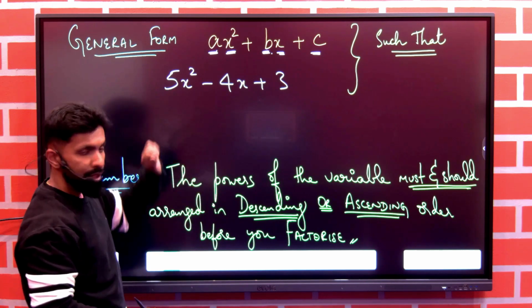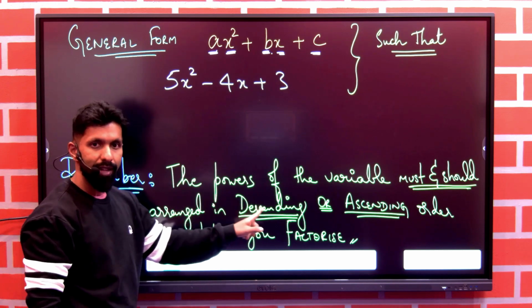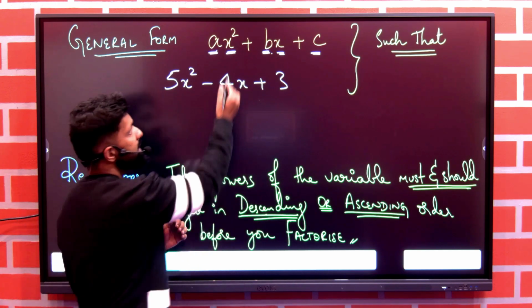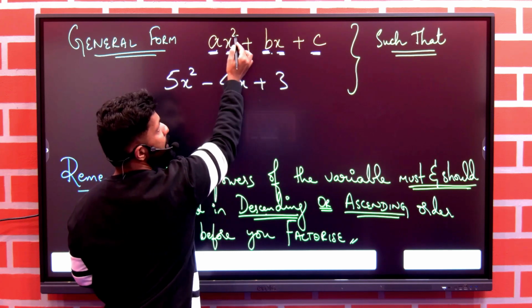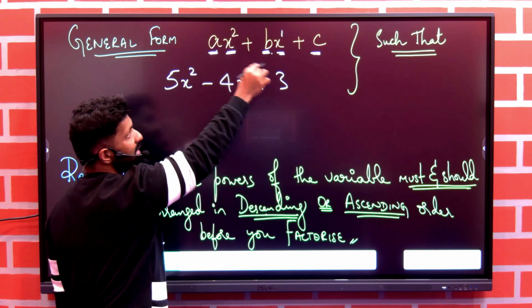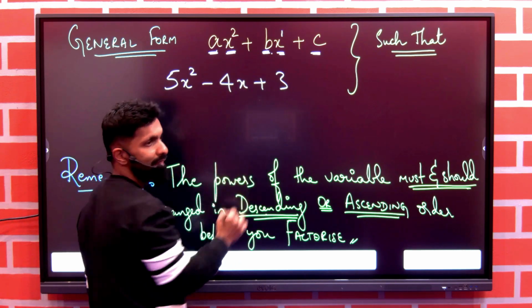Before we start with the procedure of factorization, we need to remember that the powers, x power 2, x power 1, and here it is x power 0, have to either be written in descending order or arranged in ascending order.